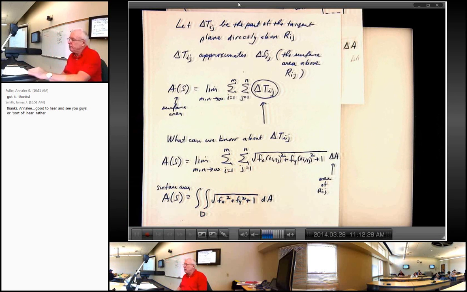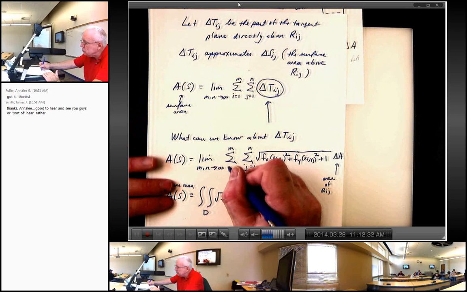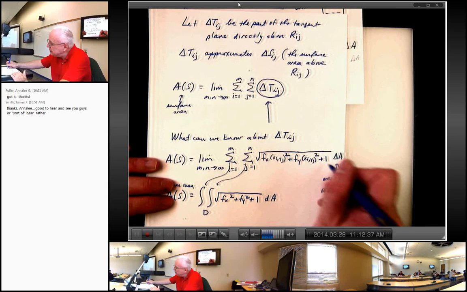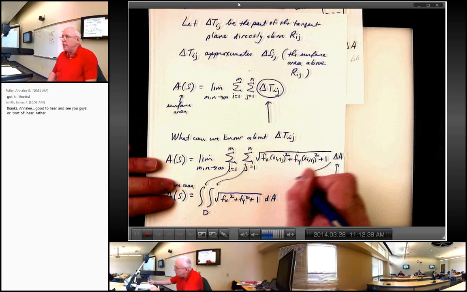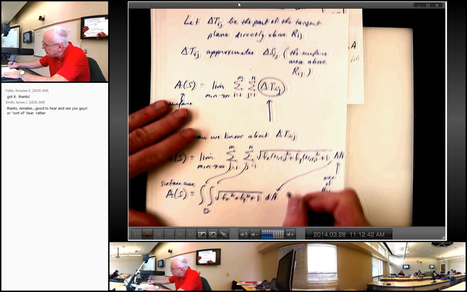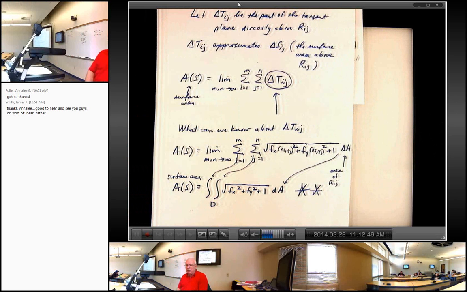So I'm replacing the summations with the integral signs, and delta A with dA. Let me put a nice asterisk by this formula for the surface area.